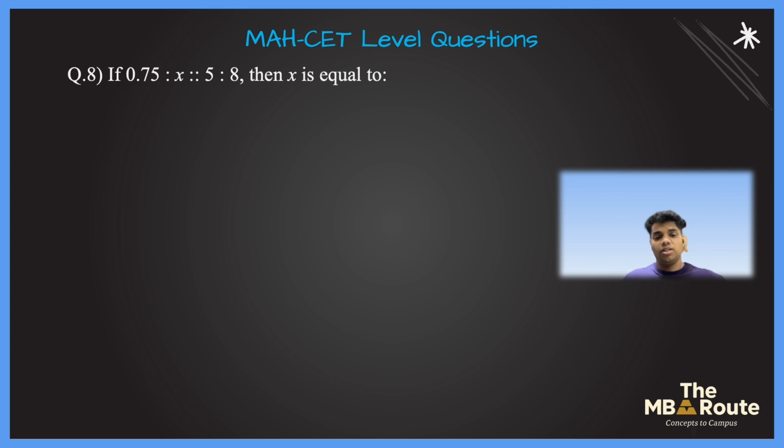A very simple question. Just the quantity given here is in point, and this symbol represents that this ratio and this ratio are in proportion. Okay, so 0.75 upon x, both are in proportion, so is equal to 5 by 8.